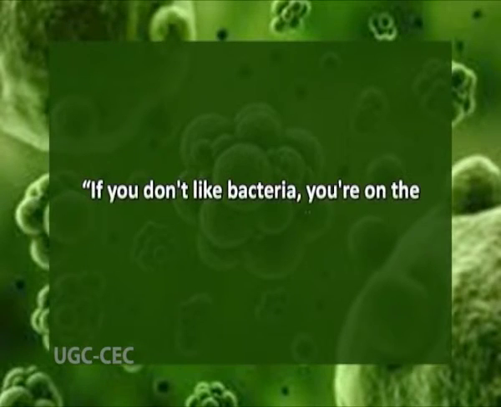There are thousands of different kinds of bacteria which live in every conceivable environment all over the world. Stewart Brand rightly said about bacteria, if you don't like bacteria, you are on the wrong planet. Bacteria adapt to become well suited to their environments and therefore come in many shapes and forms.